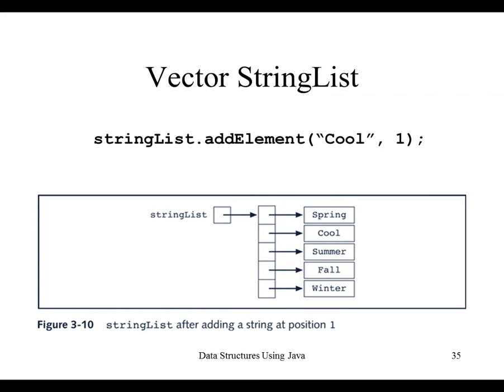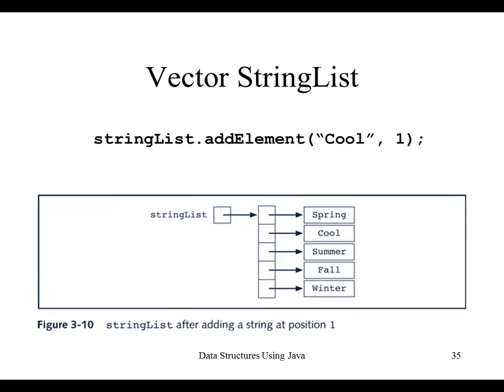This statement adds the string Cool at position 1. Notice the Cool string is added at position 1 in Figure 3-10. Spring is at position 0, Cool at position 1, Summer at position 2, Fall at position 3, and Winter at position 4.